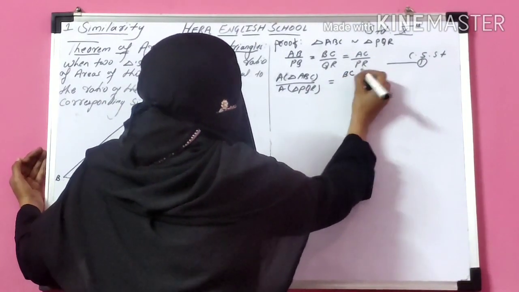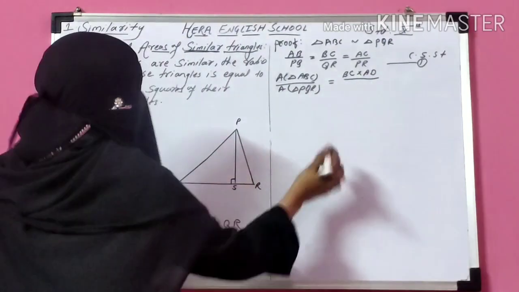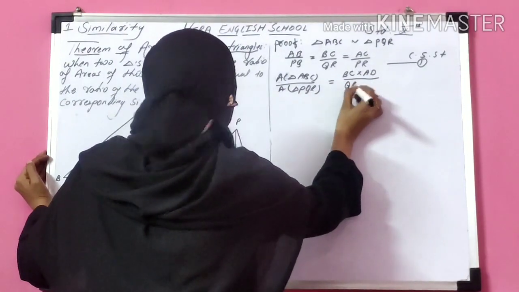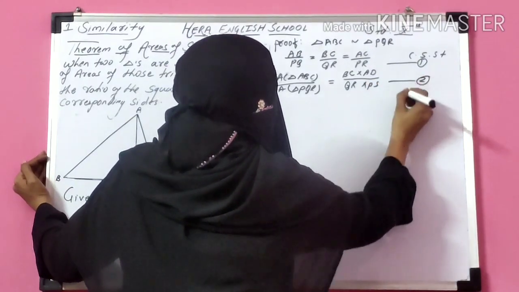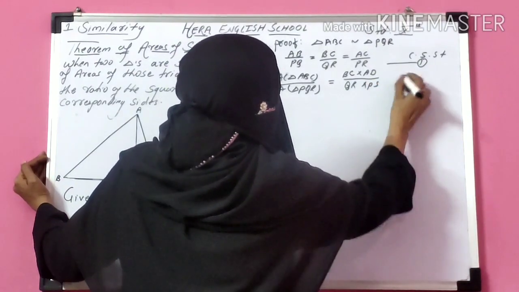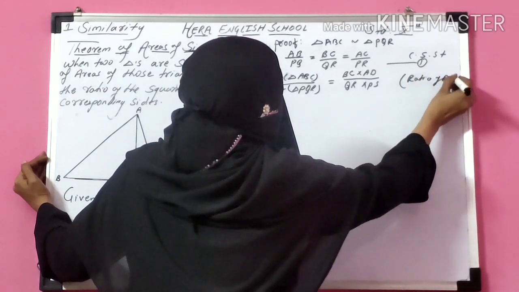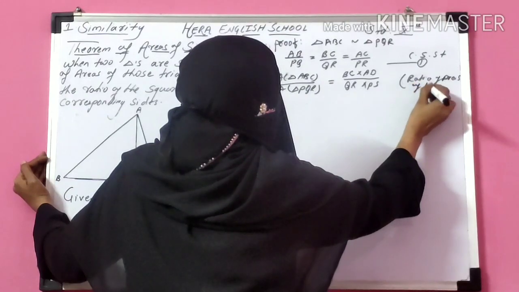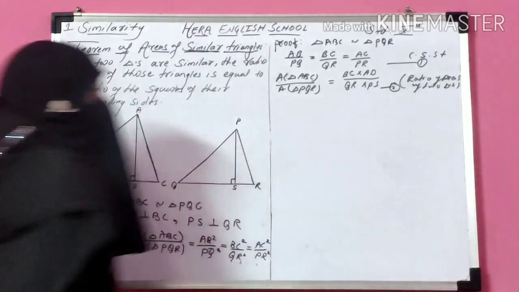For this triangle, base is BC, height is AD. Now for triangle PQR, base is QR, height is PS. Give it number 2, and the reason is ratio of areas of two triangles.